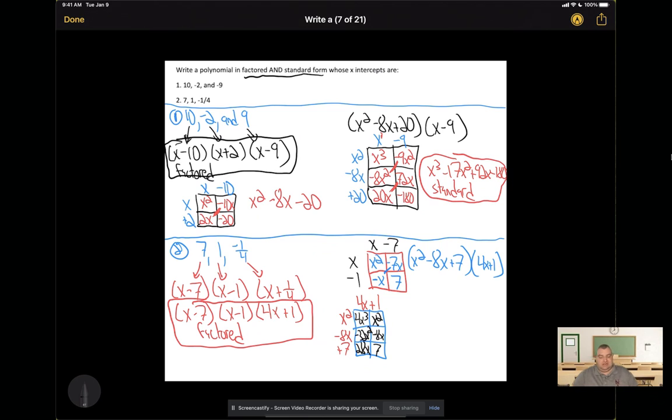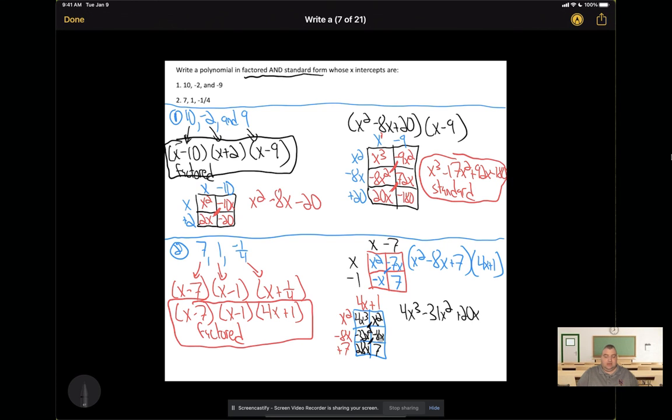So if I put that together, I end up with 4x cubed, negative 32 and a positive 1x squared. That's going to be a negative 31x squared. 28x and negative 8x becomes positive 20x.